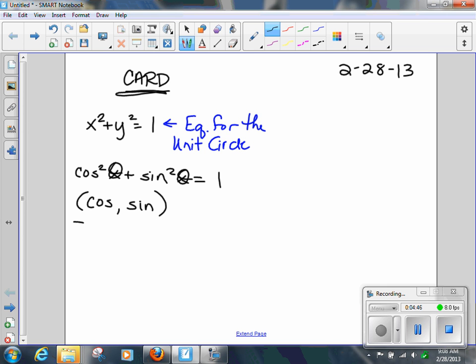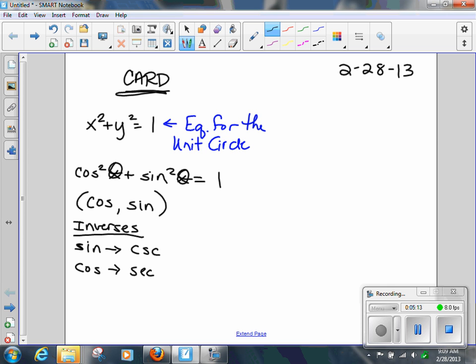And then I also want you to remember your inverses. Real tiny. Sine's inverse is what? Cosecant. Cosine's inverse is what? That's right, secant. Very good, you silent students.